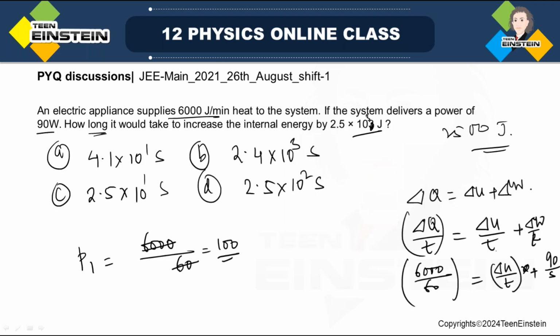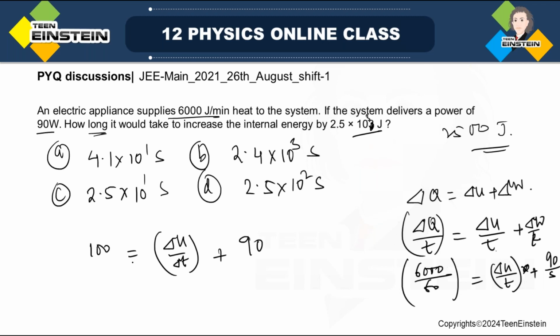Let me just clean this portion. So we have got 100 over here is equal to du by dt plus 90 joule per second.